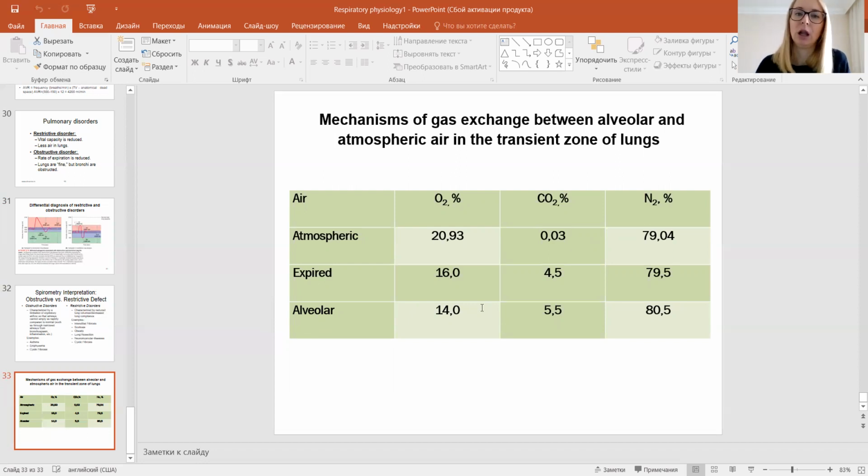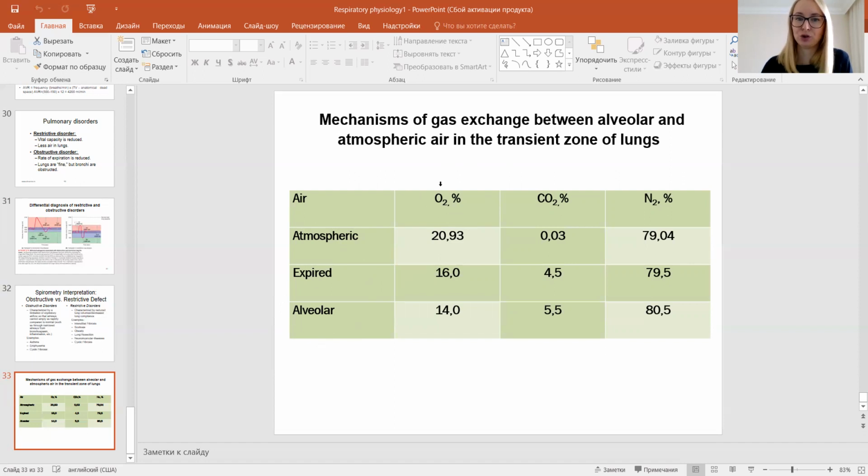So if you look at the table on this slide, you will see the concentration of different gases in atmospheric, which is inhaled air, exhaled air, and alveolar air. According to this table, it can be concluded that a concentration gradient of oxygen and carbon dioxide exists between inhaled or atmospheric air and exhaled air.